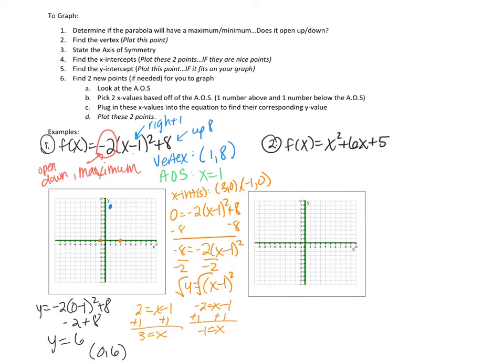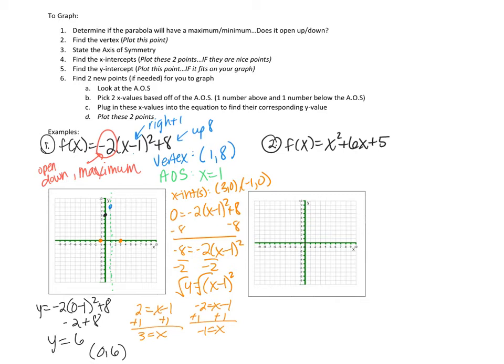I'm going to put my y-intercept, 0, 6. Okay, so now when I do this, remembering that my axis of symmetry is going to go right down the center of that vertex. So even though I'm just going to put a little dashed line here because it's not really part of my graph, I know that it's going to reflect over.